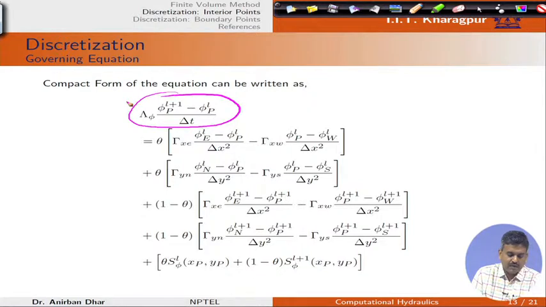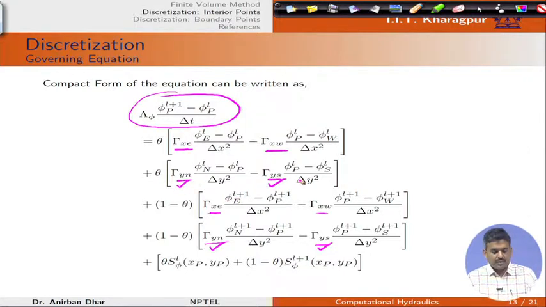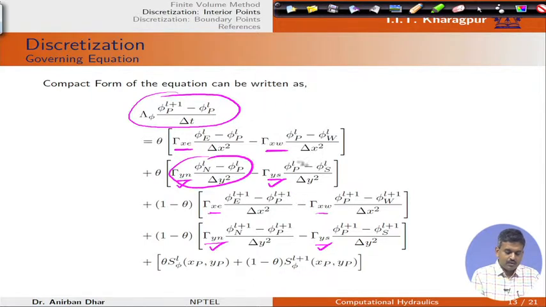This is similar to our finite difference discretization for any arbitrary node i j. In this case, we have cell center P, from L plus 1 to L, and further, as per our assumption, we can consider these values equal. So we can combine the north, south, east, west terms.